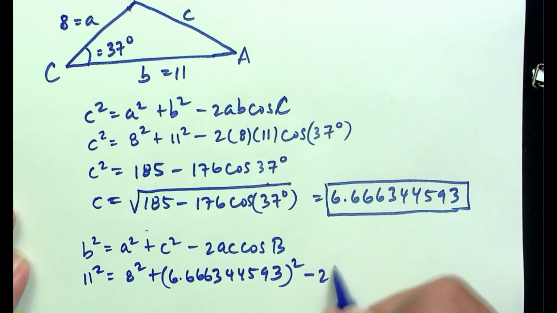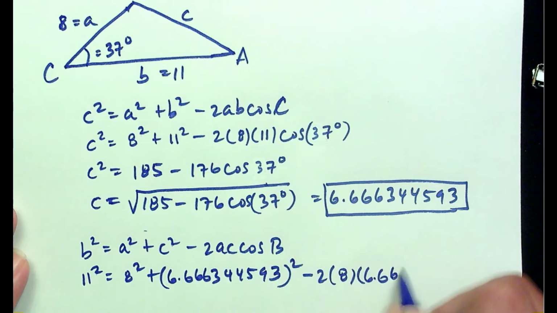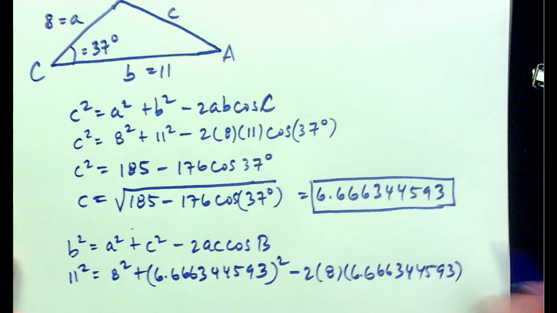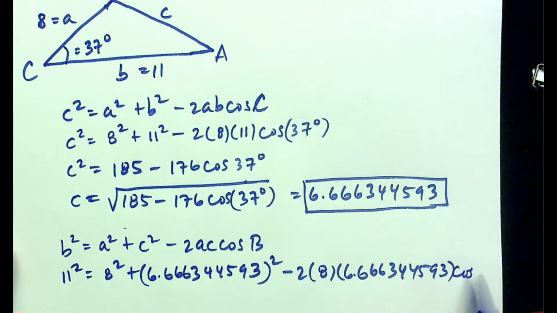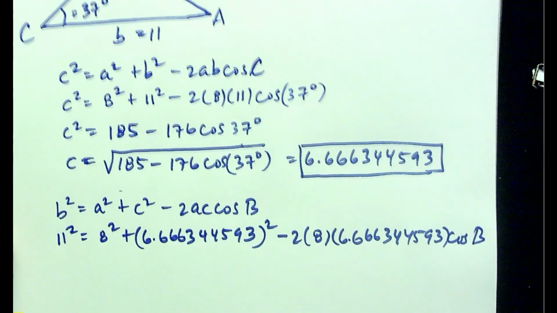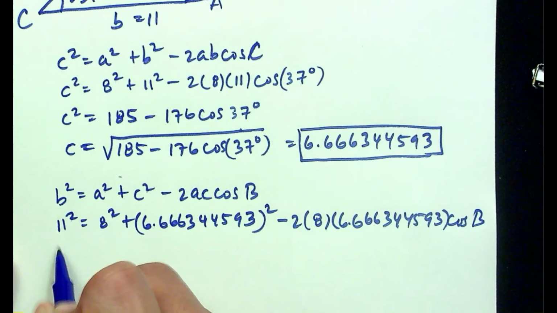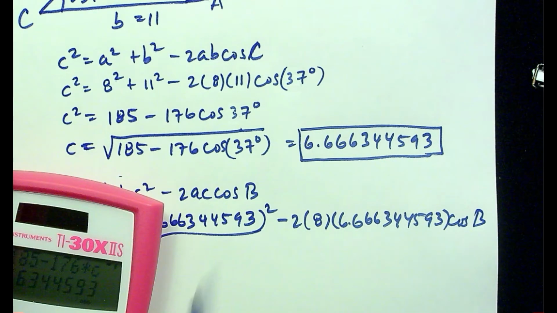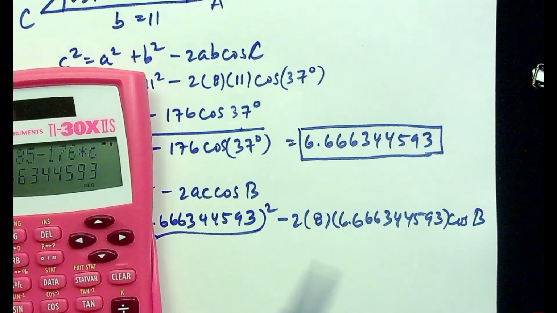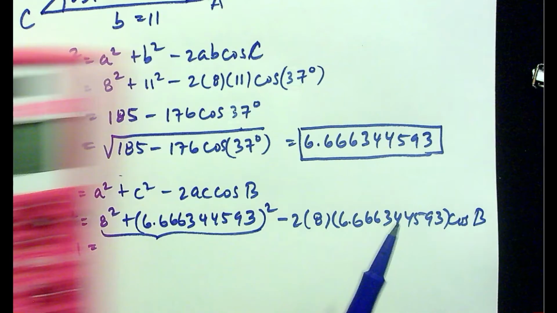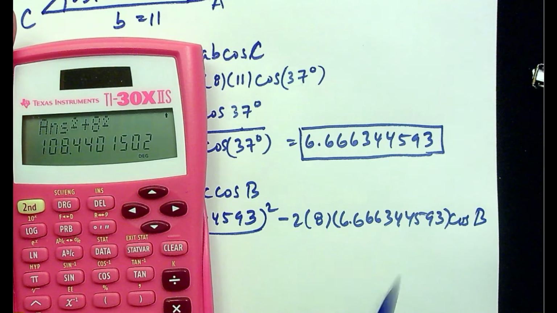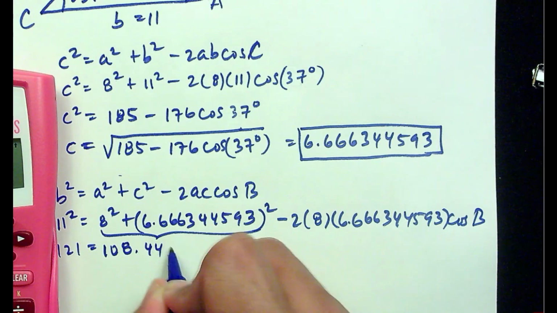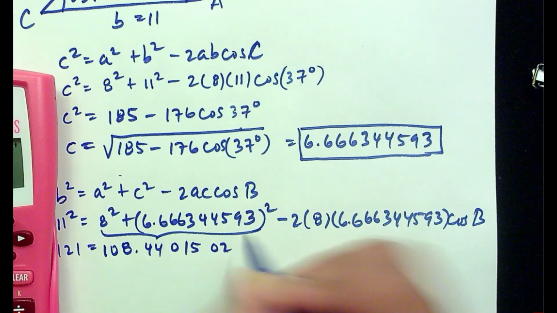Minus 2 times 8 times c times cosine of B. We don't know what capital B is, that's what we're looking for. 11 squared is 121, and then let's put this whole thing in the calculator. I already have that number there, convenient, so square it, plus 8 squared. That is 108.440150.